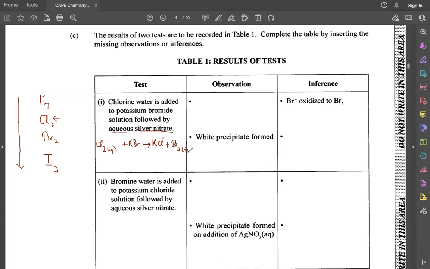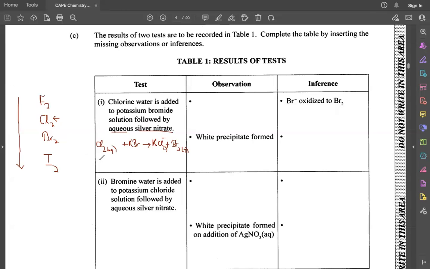And so this KCl that we see here is that solid. And then once we add the aqueous silver nitrate, it's this KCl that's going to react with the aqueous silver nitrate.